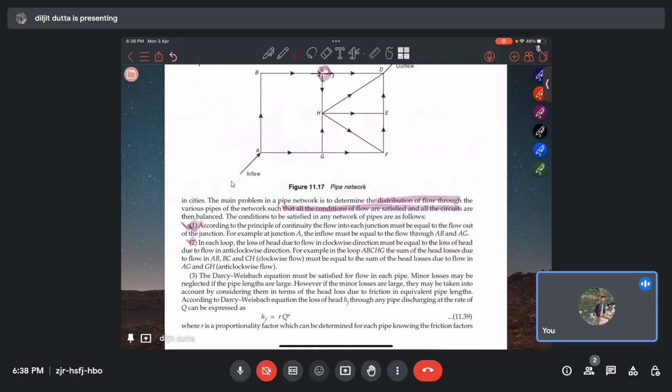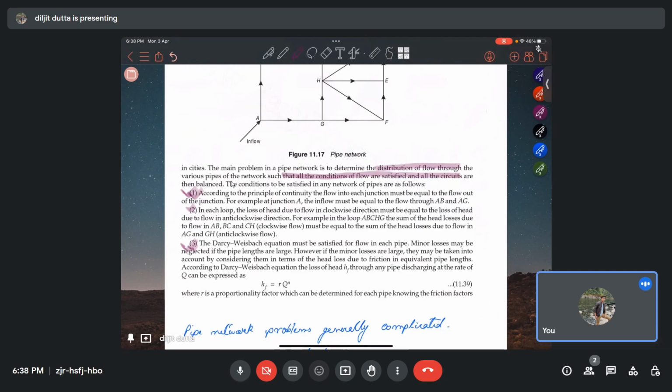So this is the second condition, and the third condition is the Darcy-Weisbach equation must be satisfied for flow in each pipe. Minor losses may be neglected if the pipe lengths are large. However, if the minor losses are large, then they may be taken into account.